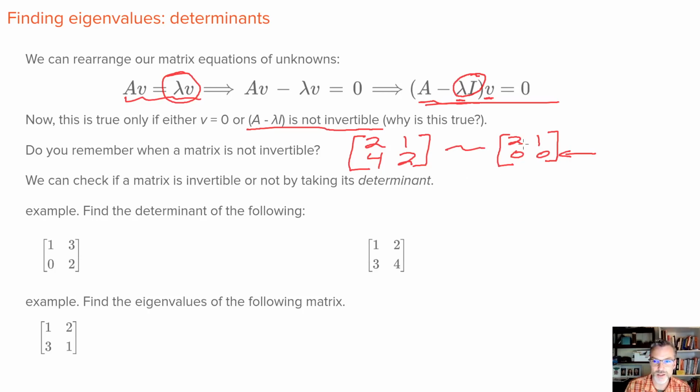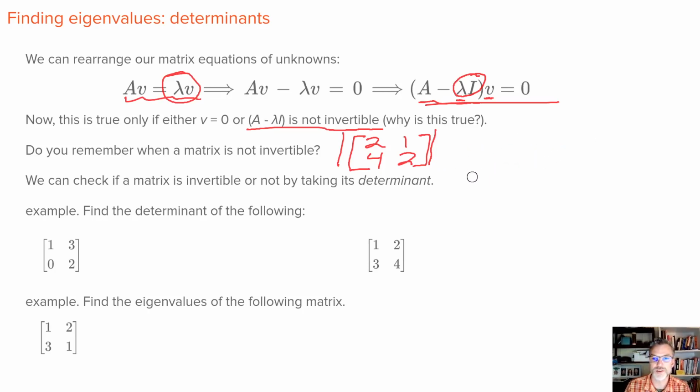You notice here that if I multiplied these and then multiplied these together and subtracted them, I would end up with 0. That's the heart of this determinant calculation. Let me show you what it looks like.